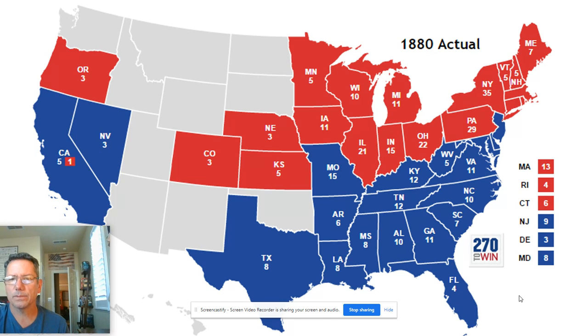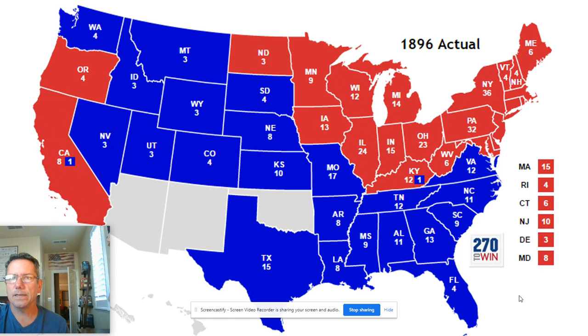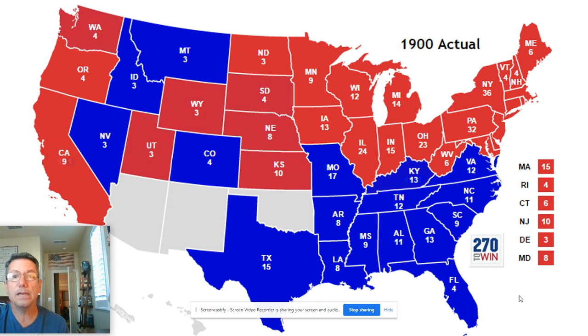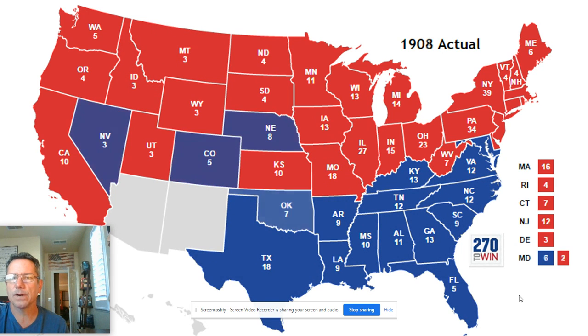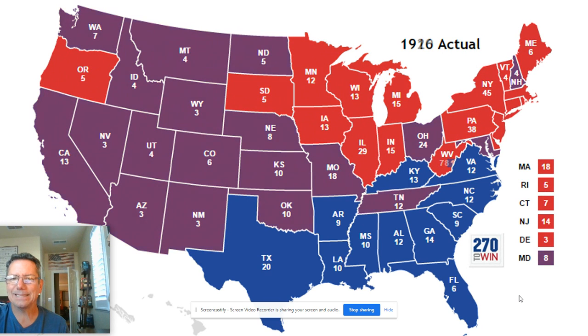Remember, 1880, Solid South. Blue, yellow dog Democrats, 1884, 1888, 1892, 1896, 1900, 1904, 1908, 1912, 1916. Finally, in 1920, one of them breaks.